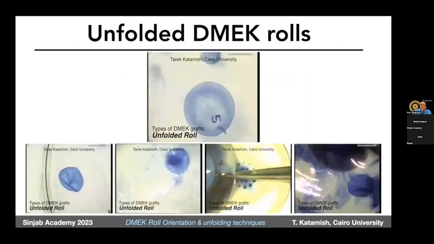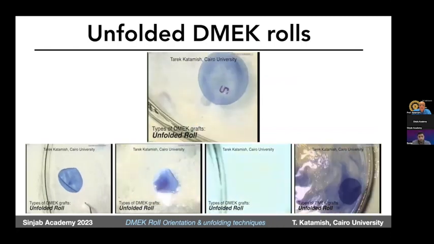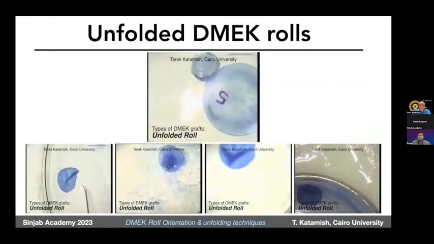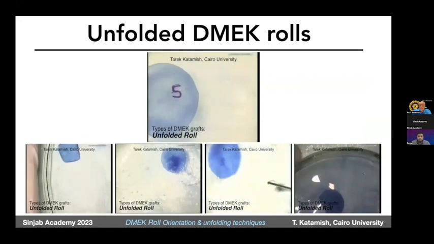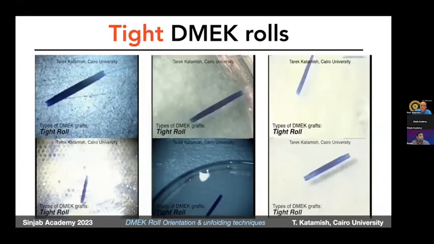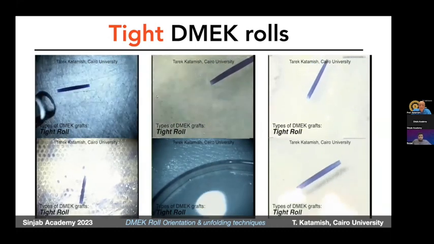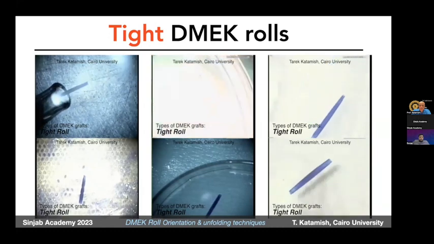Sometimes with an old donor, you may find that the DMEK graft is like a disc. It doesn't want to fold, but by pushing some BSS toward the graft, the roll will be fine. The worst type of DMEK roll is the tight DMEK roll. As you see, these are very tight DMEK rolls, usually due to the young age of the donor.